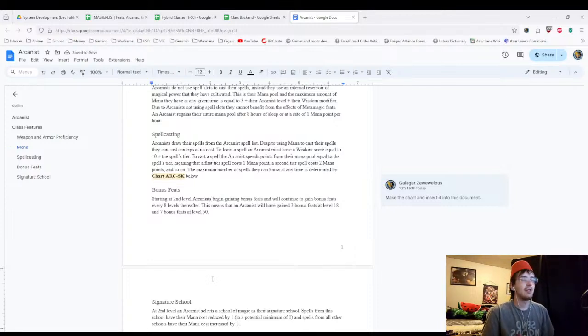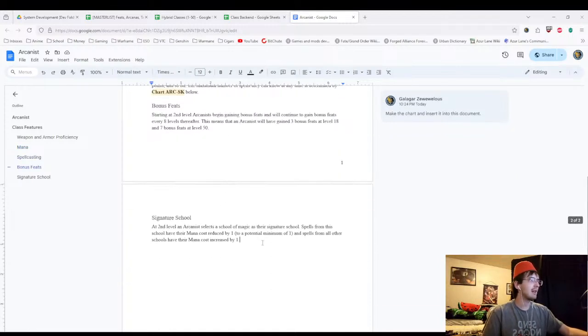So if your Arcanist is like, I'm going to choose Evocation because damage, then all Evocation spells, which technically means with the exception of 0 and first tier spells, will have their mana cost reduced by 1. This is not going to apply to 10th tier spells.